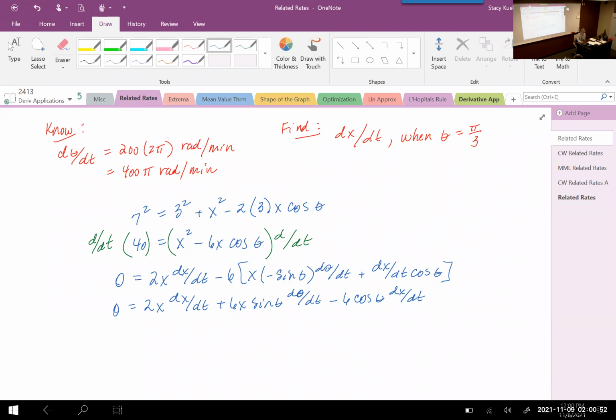So I know what I'm looking for, dx/dt. I know what d theta/dt is. I know what theta is, but I don't know what x is, do I? So we're back to that same problem of having an extra variable in there and not knowing its value.